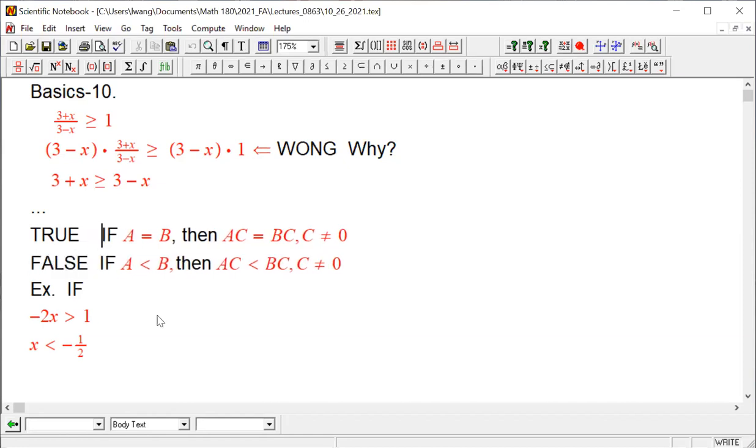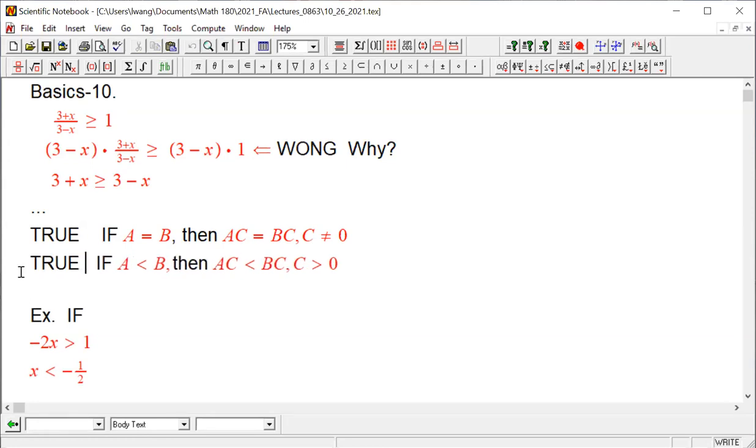Have you guys learned that? This is true if C is positive. That will make it true. So if you divide or multiply by a positive on both sides, you keep the same direction. Okay, so let me give you the example here with a parallel comparison.